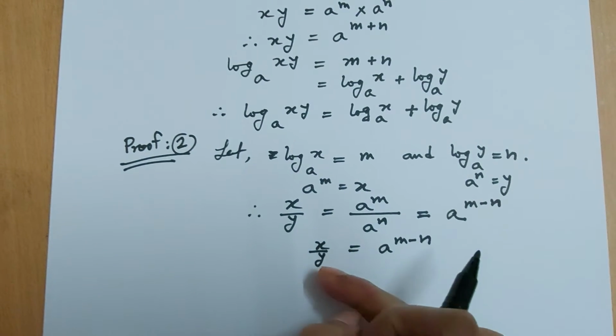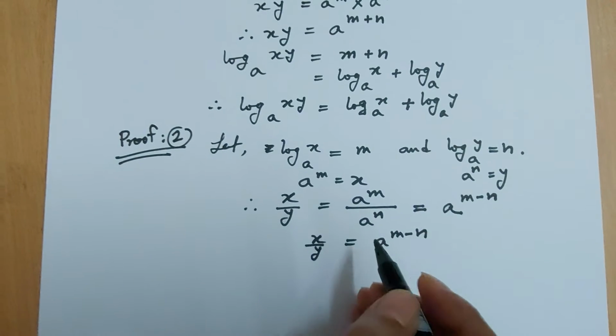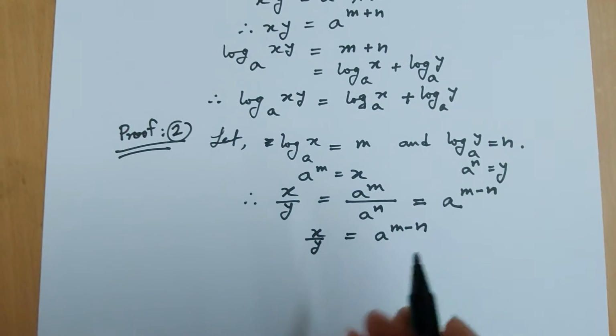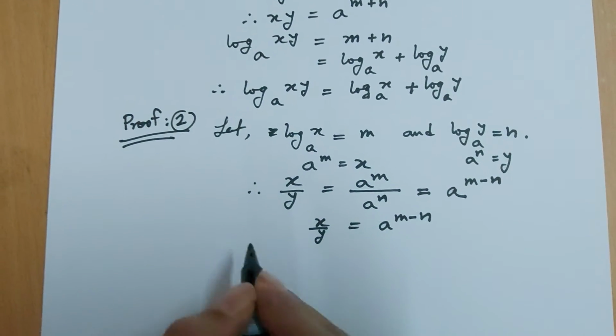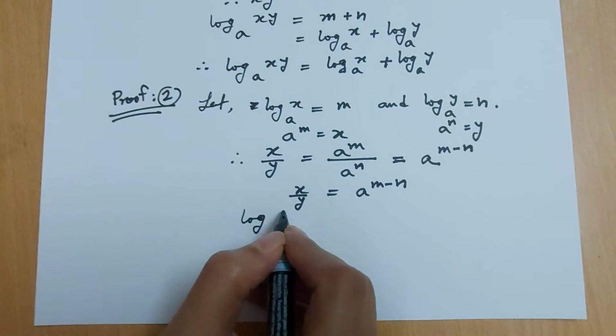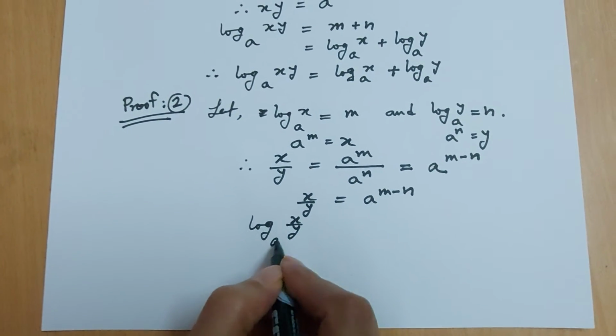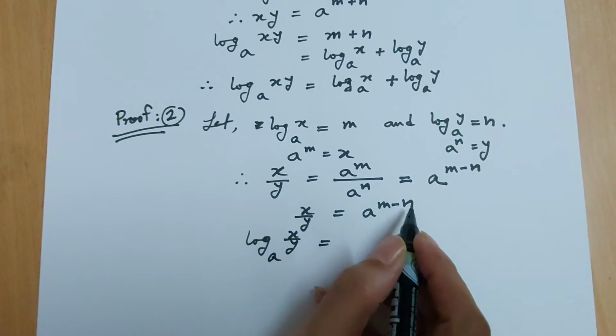We found x over y equal to a power m minus n. Now switching to logarithmic form, we can write log of x over y to the base a equal to m minus n.